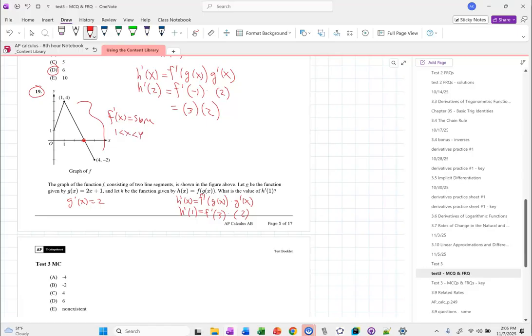So what's the slope there going to be? It's -6/3, right? So -2.